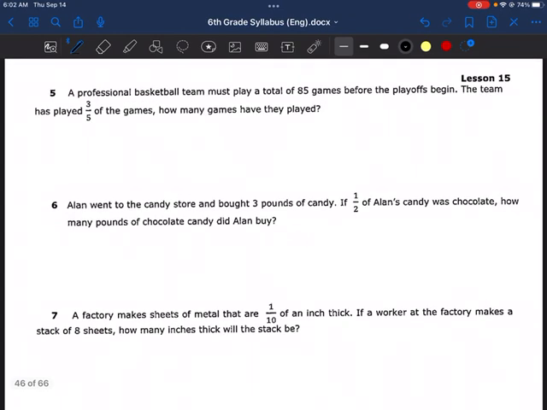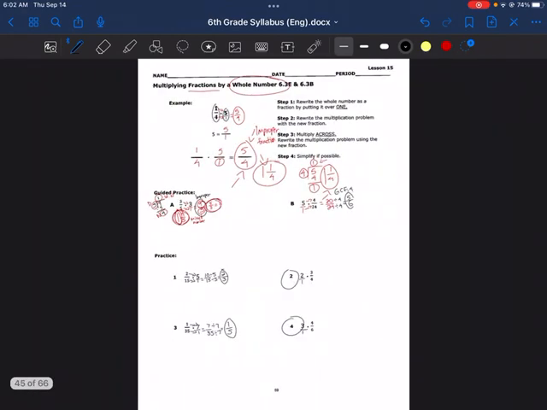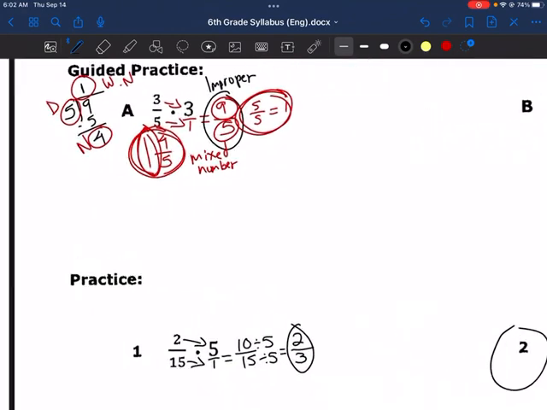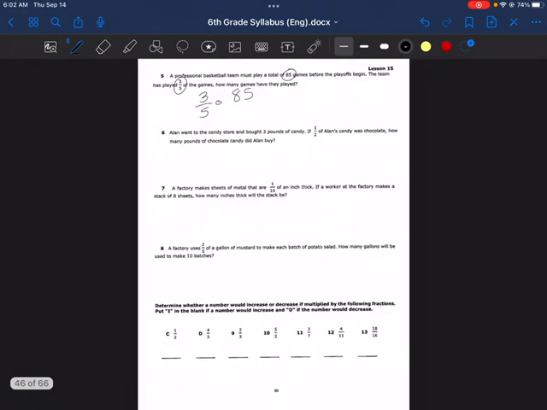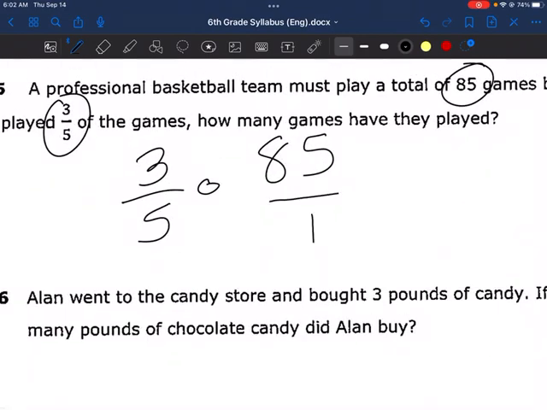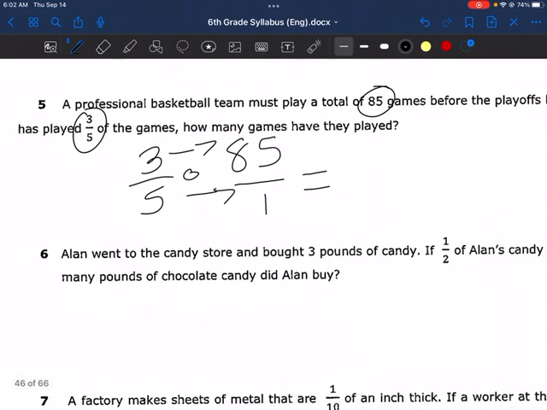You're going to put a little 1 under the whole number, and you're going to do the same thing. Top with the top, bottom with the bottom. If you can make it smaller, make it smaller. And you will, because if you multiply this, you're going to have a 5 at the end. Whatever it is. And 5 at the end, so it can be divided by 5. Whatever it is. Okay?